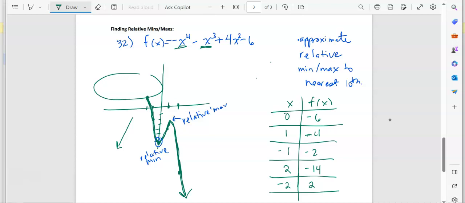It actually came up and started to go back down here. We didn't have to know that exactly. We just needed to know that there is a maximum around this point. And then the other one was at (1.1, -4), which is also true based on what we saw here. This was turning around somewhere between 1 and 2 on the x, so 1.1 is where it ended up turning around.